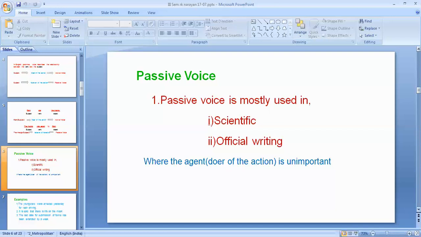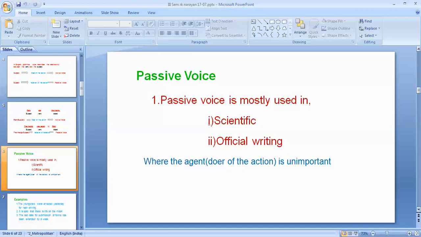So in these conditions, generally we can use more passive voice because here the agent, the doer of the action, is not important.